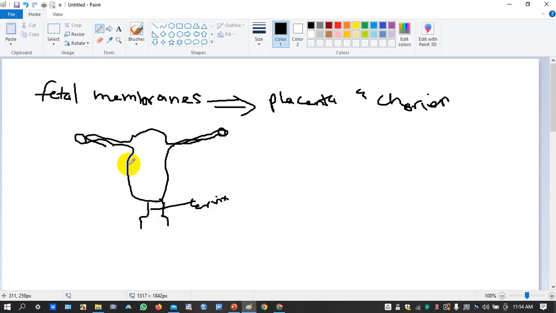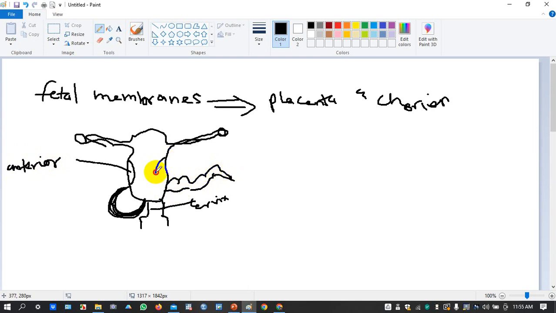Then, if the urinary bladder of the female is over here, the bladder always faces the front, or the anterior portion. So we call this side the anterior section of the womb. Then the back is connected to the rectum, the intestine, which leads to the anus.